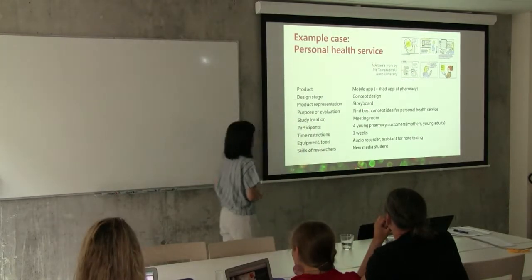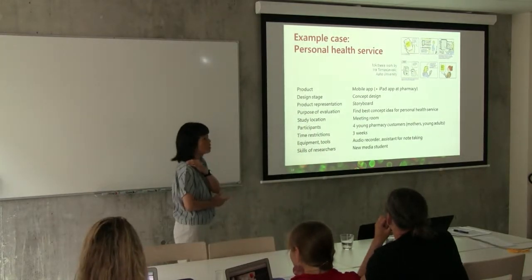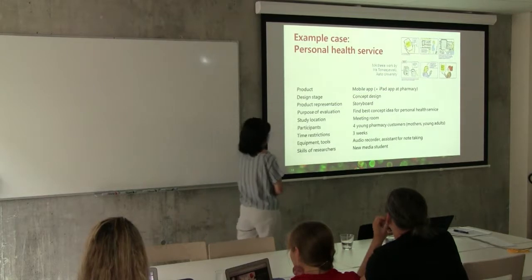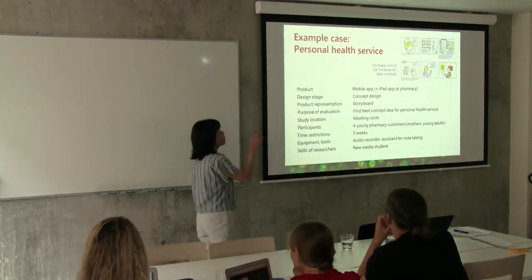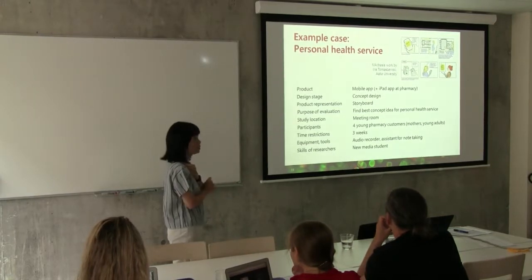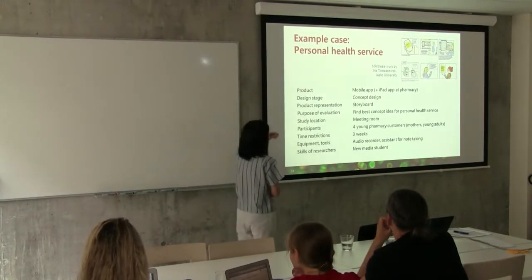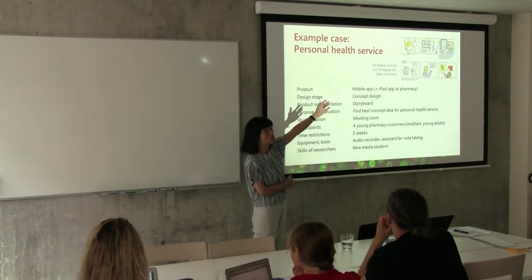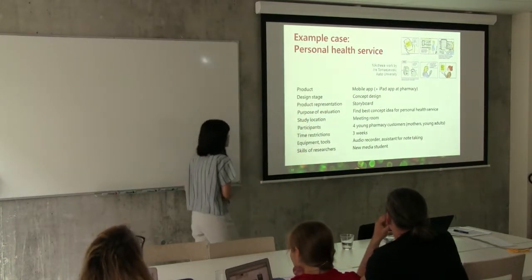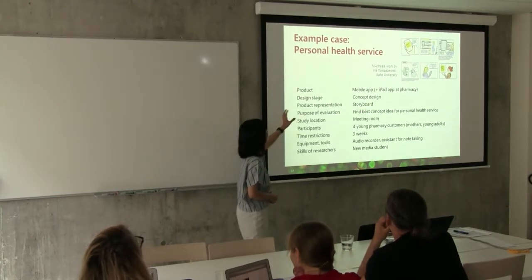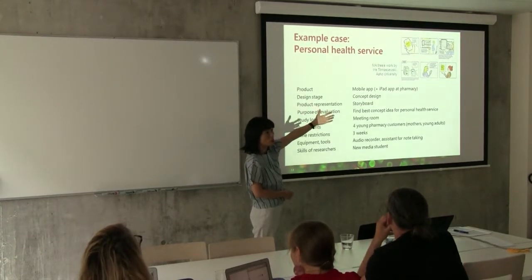First the product: she wants to develop a mobile app, using an iPad in a pharmacy, so the app can help the client find information about the product on the shelf. For the design stage, you can see this is a concept design. She has not written a single line of code to implement this app. And the product representation is a storyboard.